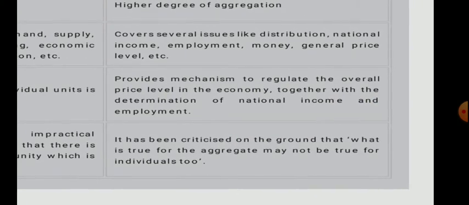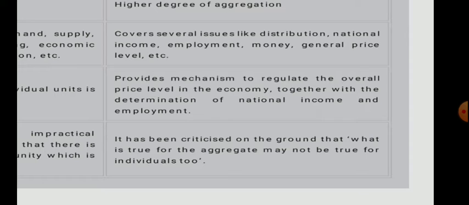Whereas in macroeconomics, what is the limitation? It has been found that what is true for the aggregate may not be true for the individuals. Maybe it is good for the mass or the maximum number of people, but it is not true for the individual person. If we consider national income, it is the aggregate of income, which may be very high compared to last year's.